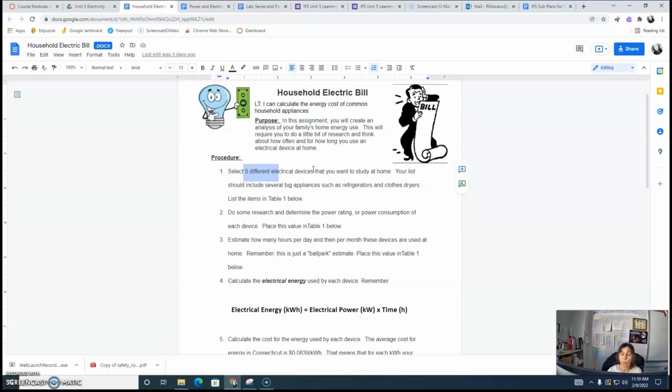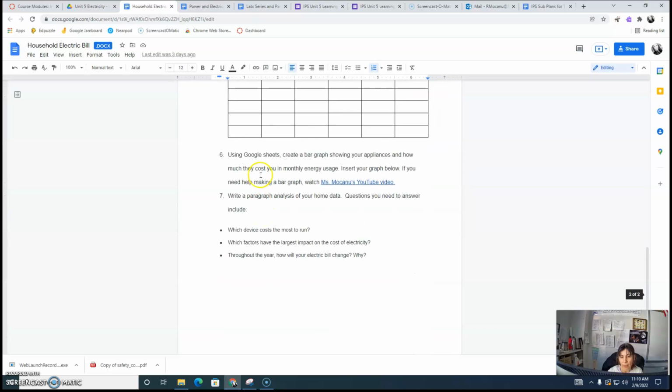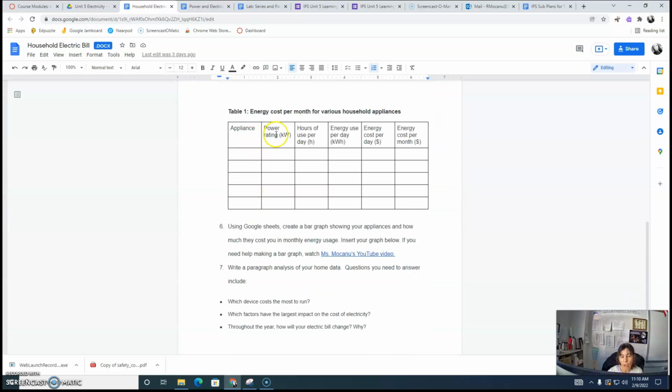Anything basically that would be in your home that uses electricity could qualify for this. It's asking you to look up some information about those appliances that you picked. You would list them here. You would look up information about their power rating, so how much power do they use? You would estimate how many hours a day you use that appliance.